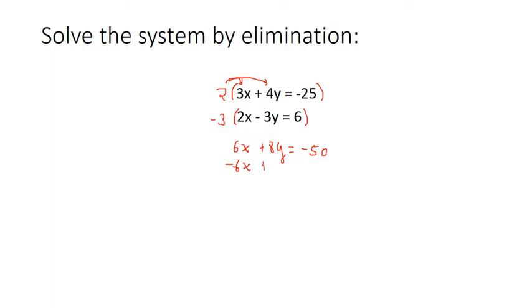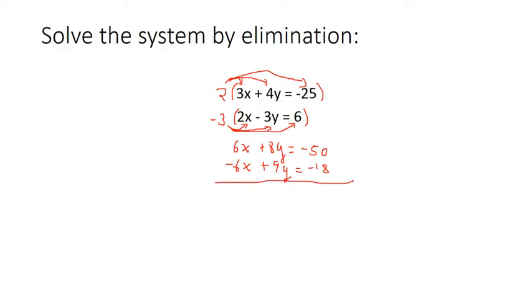Then I have a positive 9y, and this is equal to negative 18. So all I did, I multiply everything by negative 3. Now we have a positive 6x and a negative 6x, and that's what I wanted.